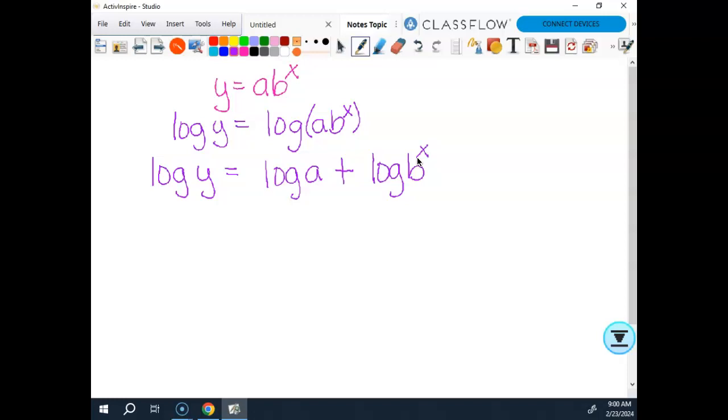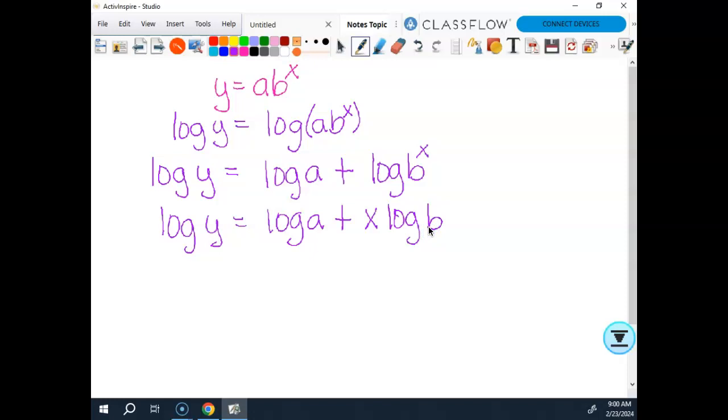All right. Everybody okay with that so far? All right, so now can I bring x out in front? Yes. So now I get the log of y equals the log of a plus x times the log of b.